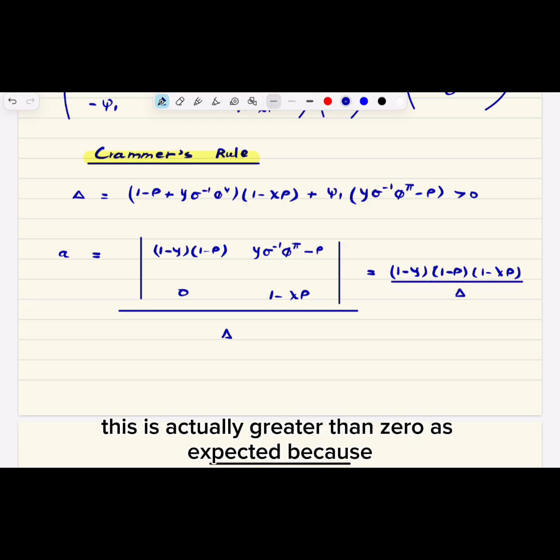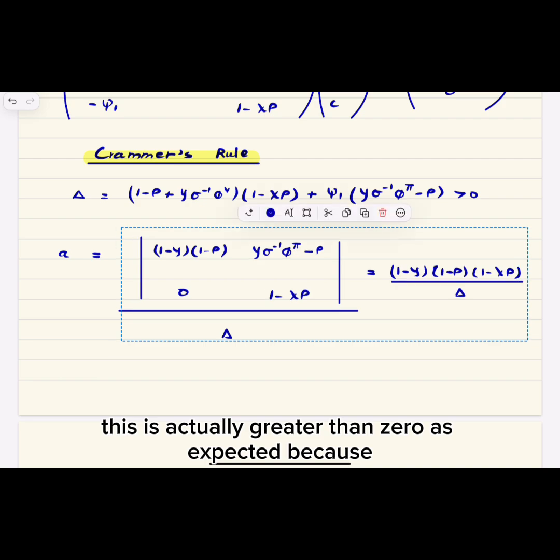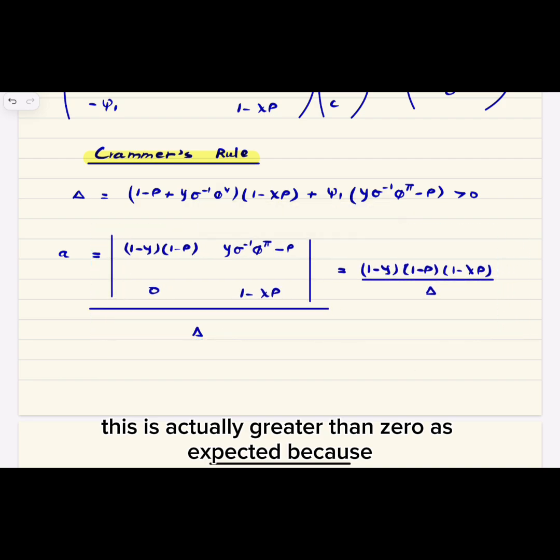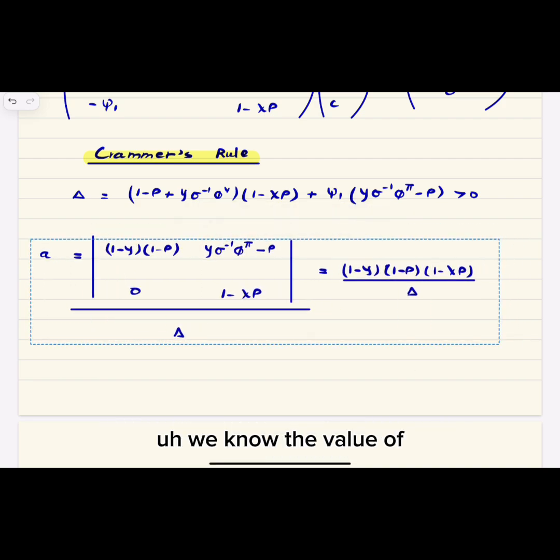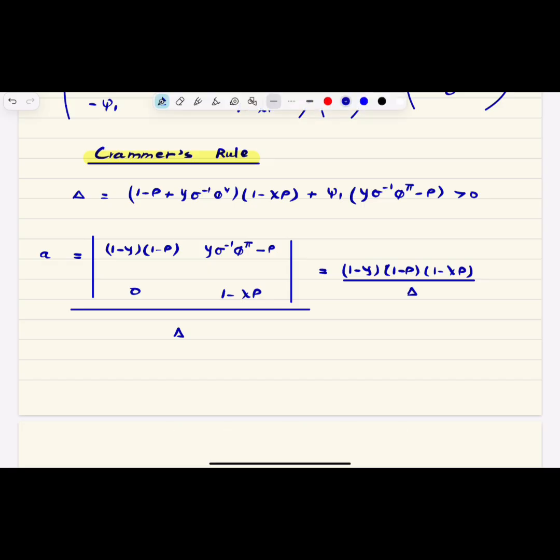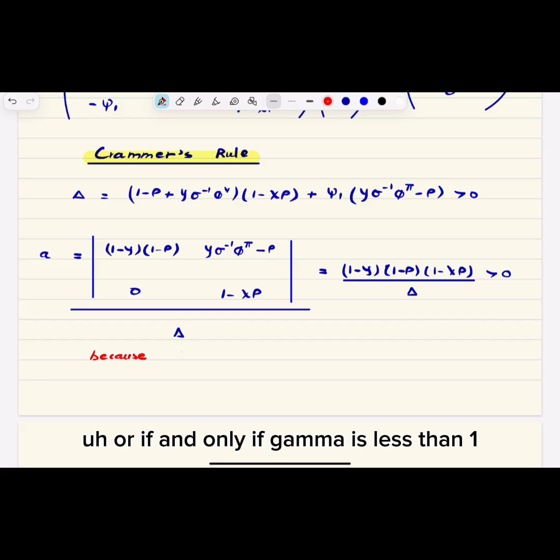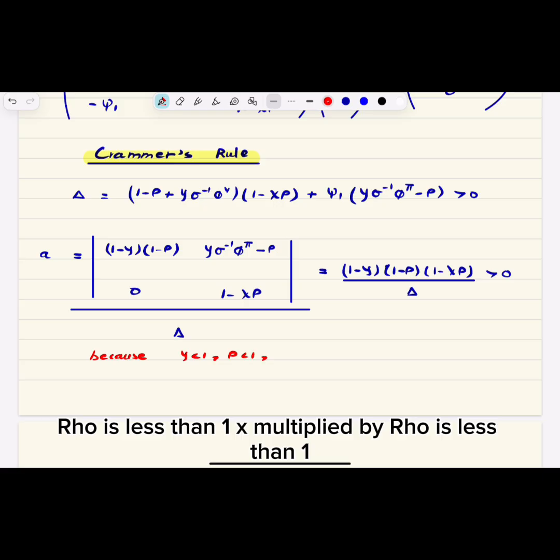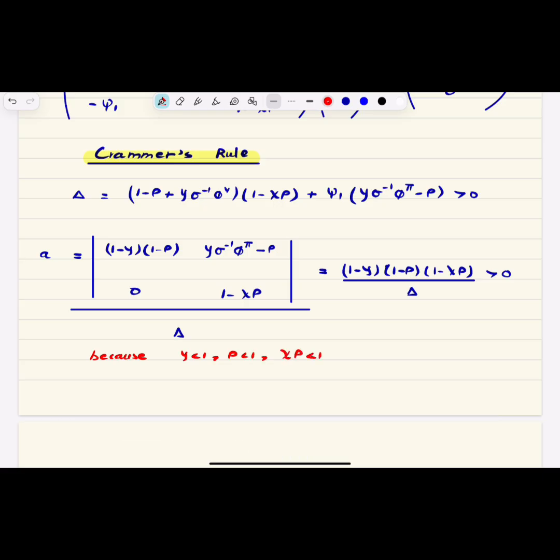This is actually greater than 0 as expected, because this is greater if and only if gamma is less than 1, rho is less than 1, and x multiplied by rho is less than 1. Basically these things are true.